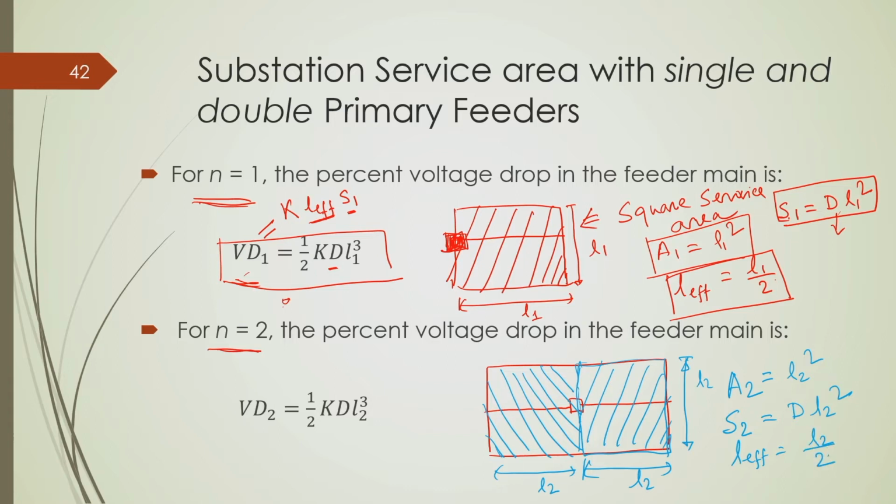If you put all these expressions in, similar to the previous one, you will get the expression for voltage drop when n is equal to 2. Here the substation is centrally located and the load distribution is uniform; these are the primary assumptions. Another assumption is that each service area of the distribution feeder is square in shape.